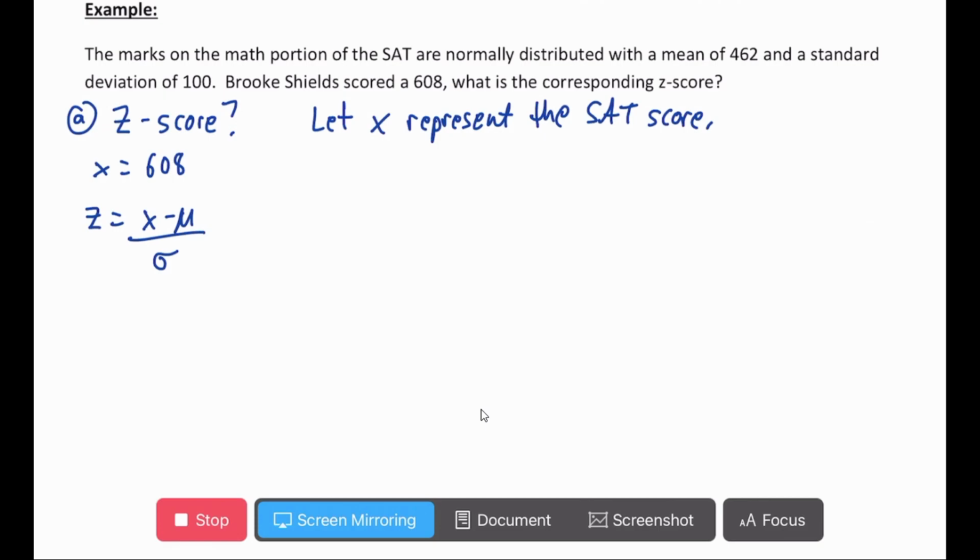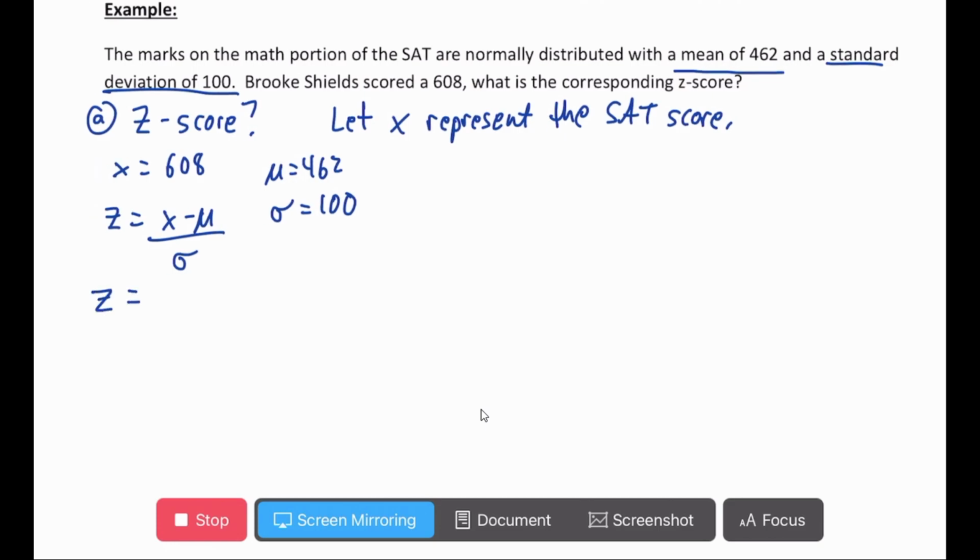And do we know any other values? We know the 462 is our mean, so we should identify that as well. Mu is 462. And we know the standard deviation is 100, so sigma equals 100. Now that we know our values, let's plug them in and solve for Z and find our Z-score.